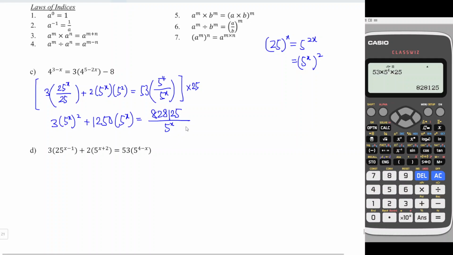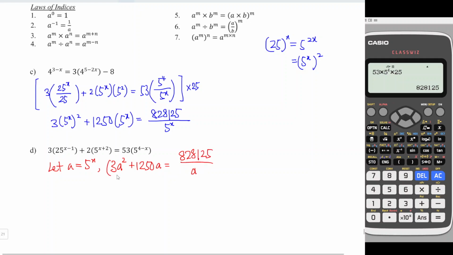If, let's say, we are not familiar with how to handle this, doesn't matter, we can rewrite the equation using an unknown. So we let a be equal to 5^x, which means that we have 3a squared plus 1250a is equal to 828,125 over a.